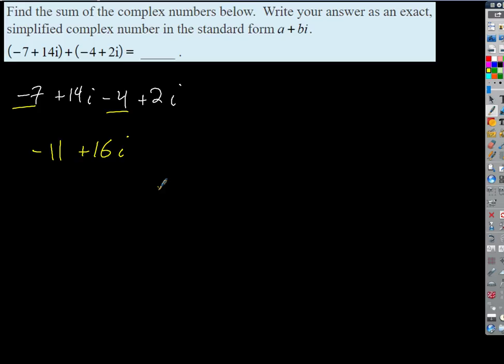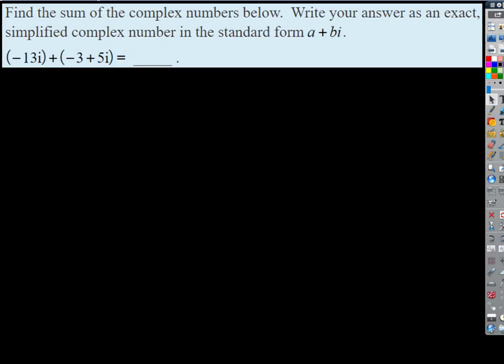Okay, couldn't be easier. Okay, try that guy. What's the answer going to be here? I can just ignore the parentheses again, can't I? They're not really serving any purpose.